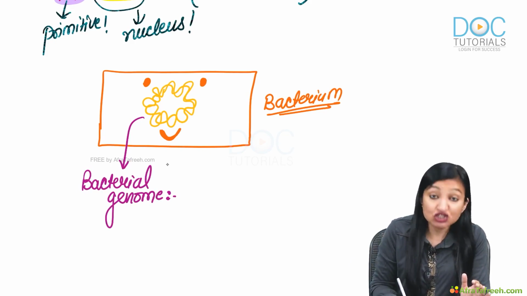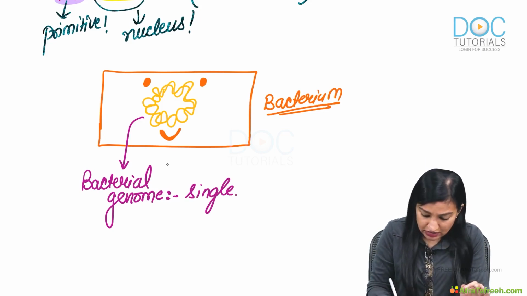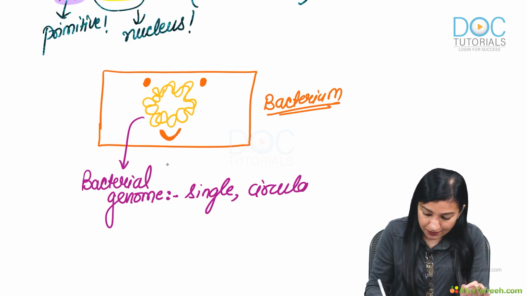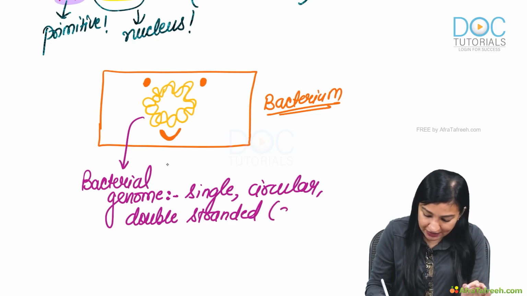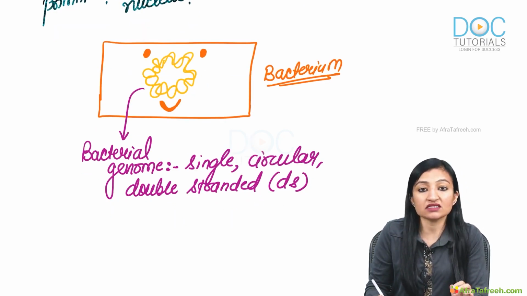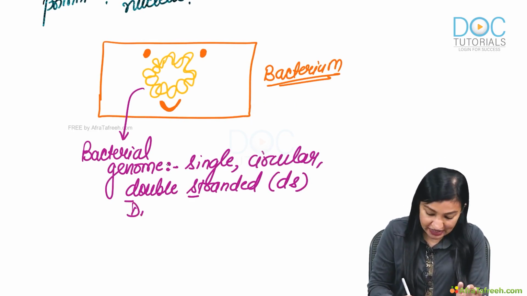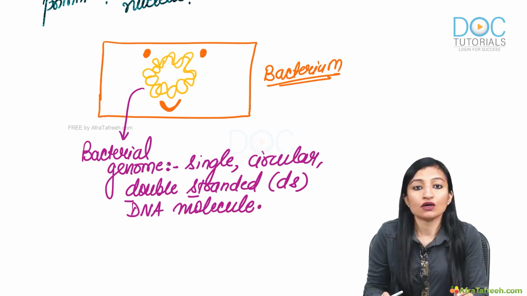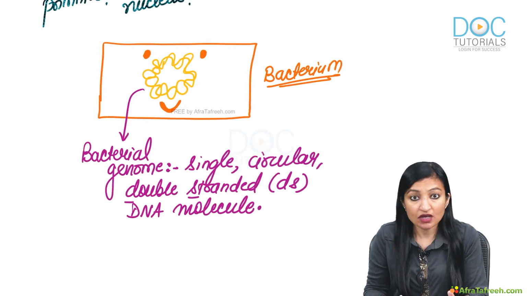So the bacterial genome is a single circular double-stranded DNA molecule. The short form DS is for double-stranded.